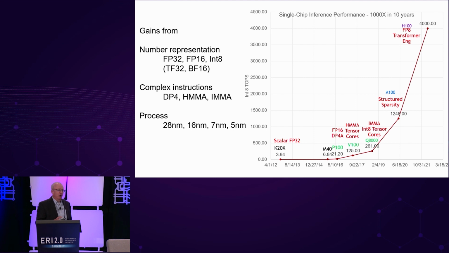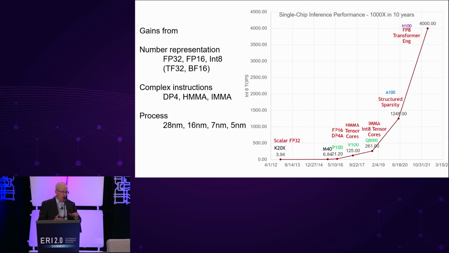So how did we get here, and what are the actual innovations that led to this 1,000-fold improvement in performance over the past decade? Well, one thing it hasn't been is semiconductor process technology. In terms of performance per watt, process technologies accounted for about a factor of 2.5, going from Kepler, which was in a 28 nanometer process.